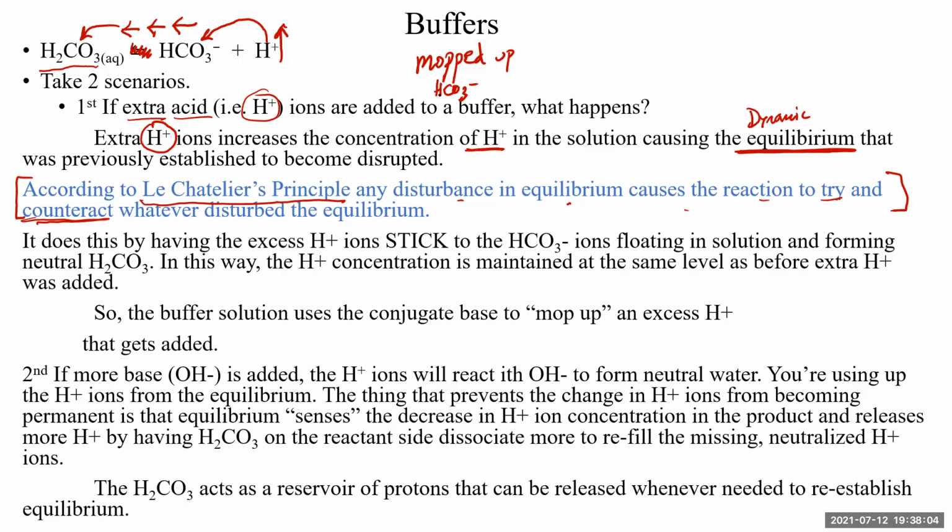What if this were chloride ion? Would chloride ion mop up? No way. No, chloride ion isn't going to grab any hydrogen ions and reform HCl. Absolutely not. That was a one-way ticket straight to ionization, straight to dissociationville.